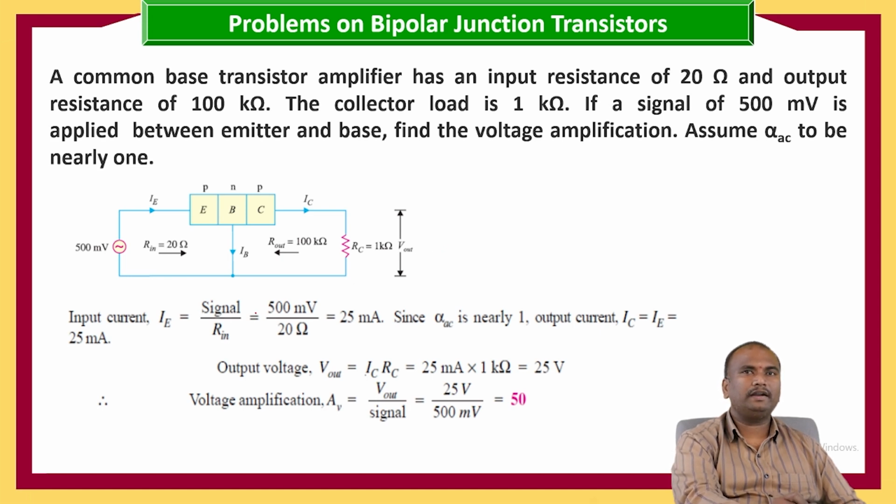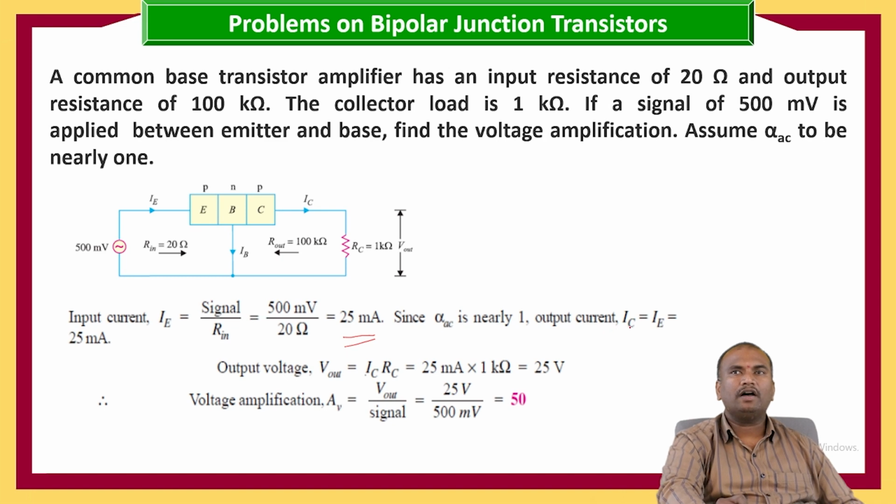Here the input current IE is equal to the input voltage which we are giving, that is 500 millivolts divided by RIN, 20. 500 millivolts by 20 is 25 milliamperes. Since alpha AC is nearly 1, the output current IC is equal to IE, which is equal to 25 milliamperes.